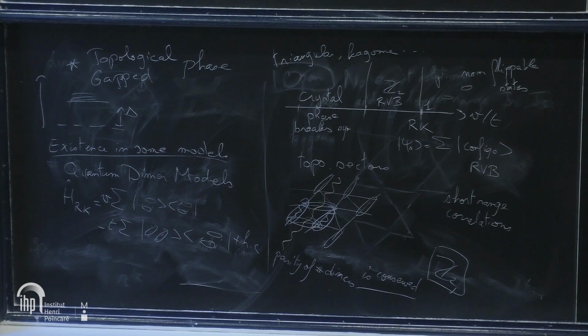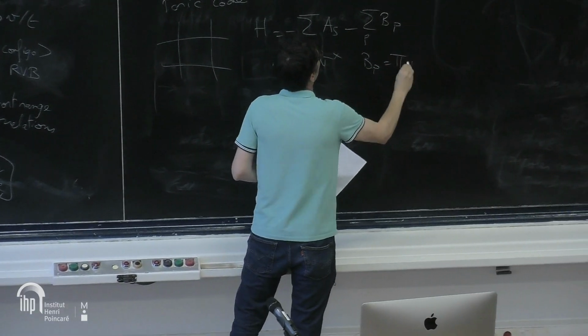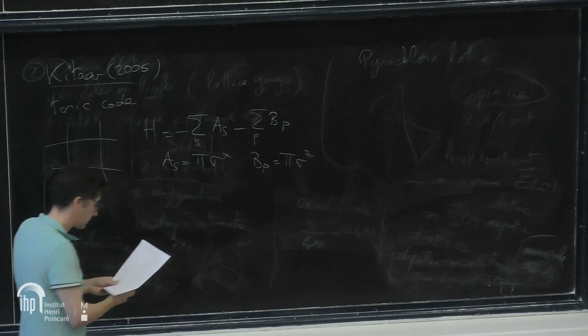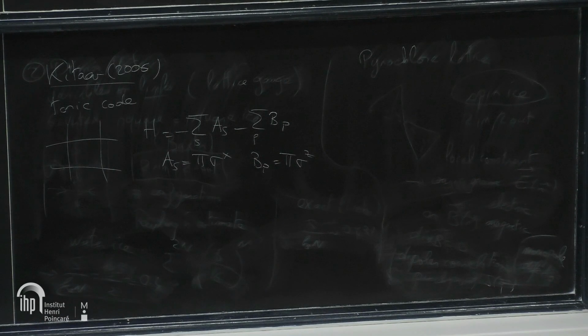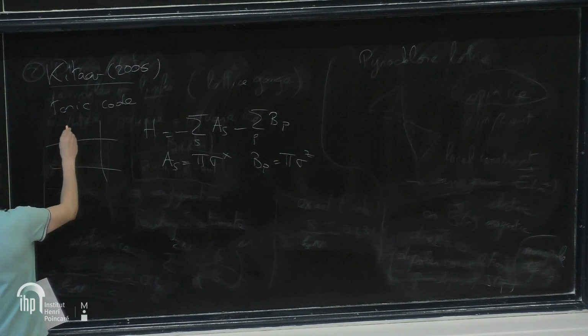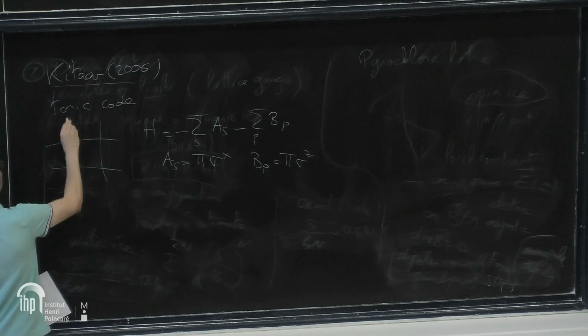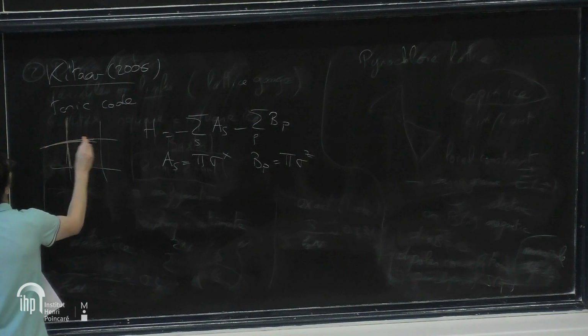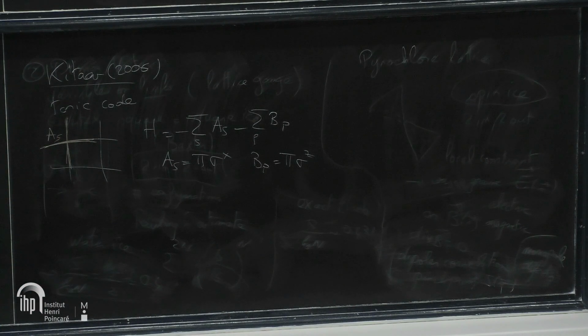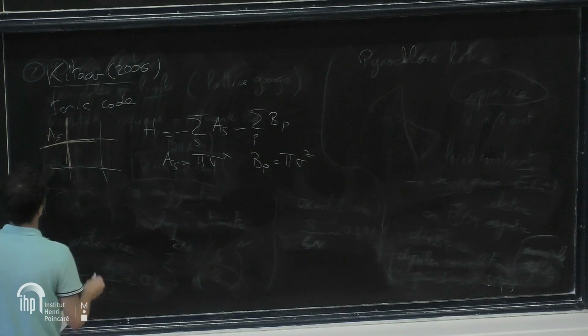So A will be the product of sigma x, and B will be the product of sigma z. And the thing is that A_s will be, when you consider a site, you take this kind of cross. Okay, so you make the product of sigma x. And the plaquette operator will live on a plaquette.